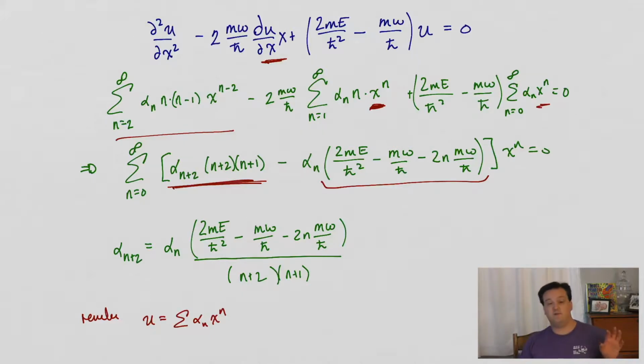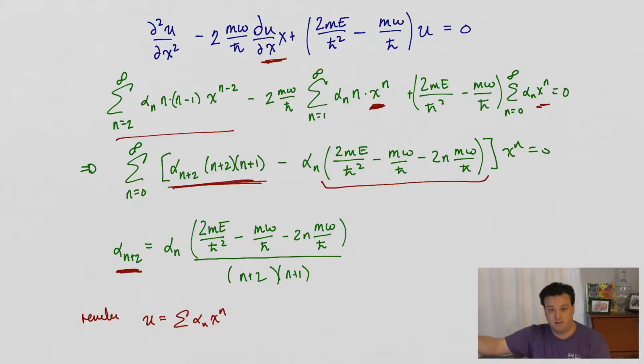If one of those terms doesn't vanish, then I'm going to have a power of x to the n that isn't going to be 0 anywhere. And so that whole thing in brackets has to vanish, and what that does is it allows me to come up with a recursive relationship that tells me I can find out what alpha of n minus 2 is.